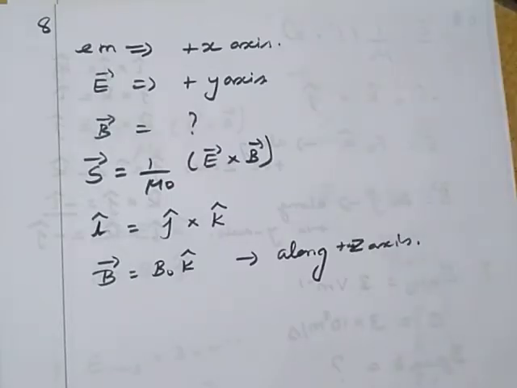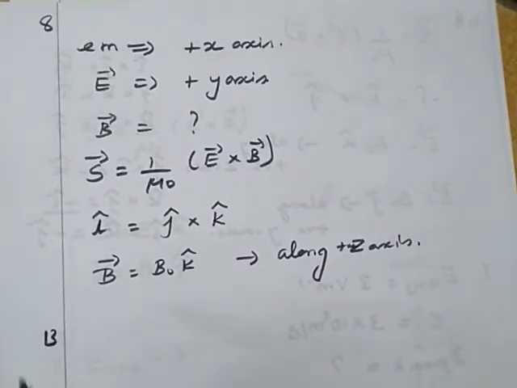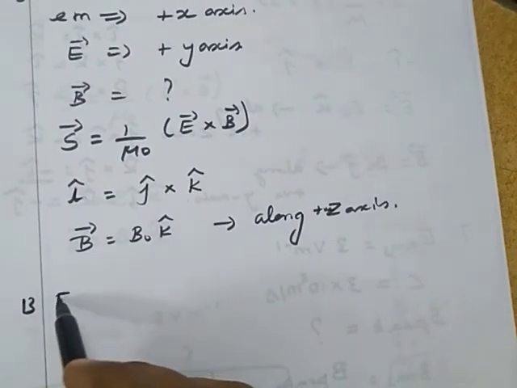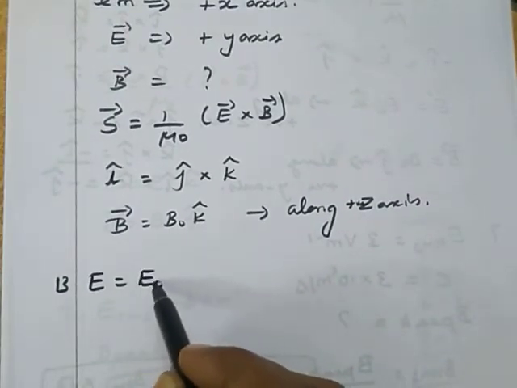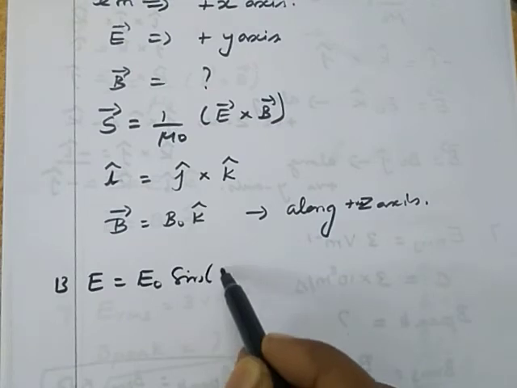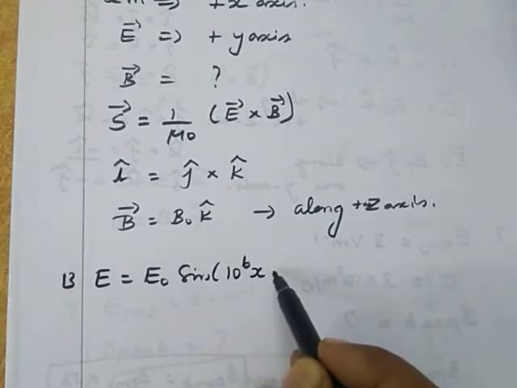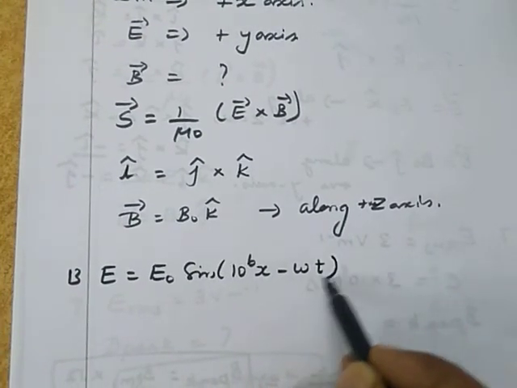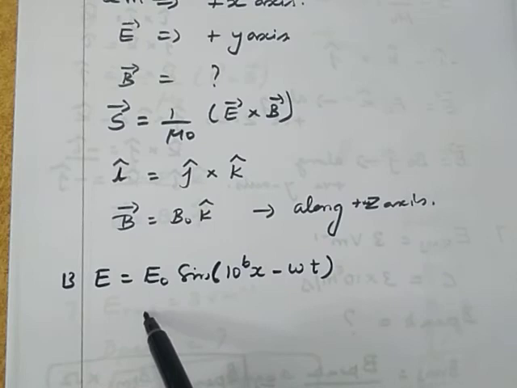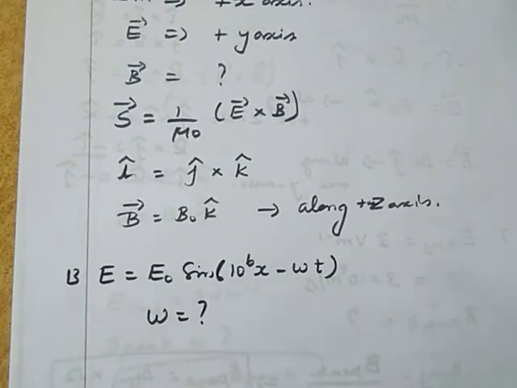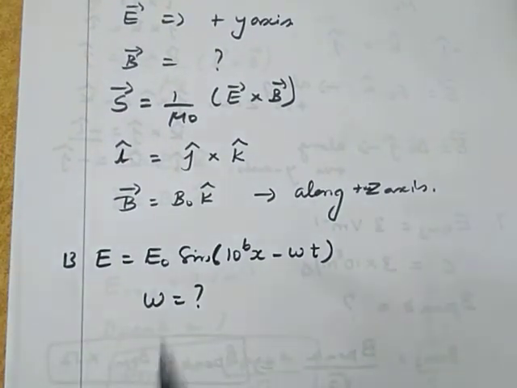Question number 13. The given data, that is E is equal to E naught sin (10 power 6 x minus omega t). The question is, what is the value of omega? We need to know the angular frequency value.